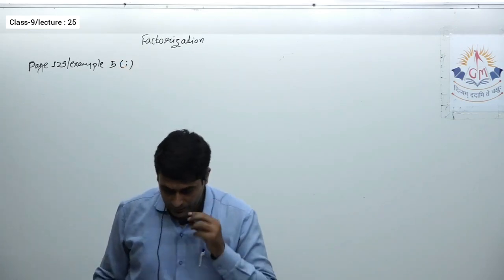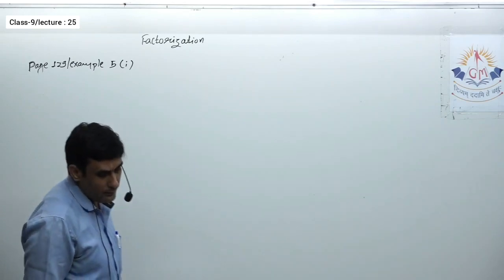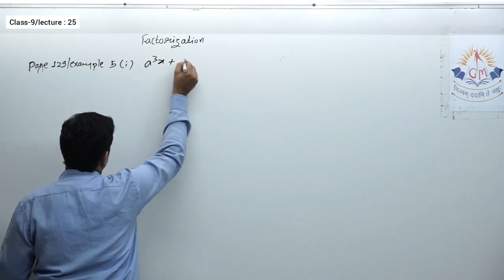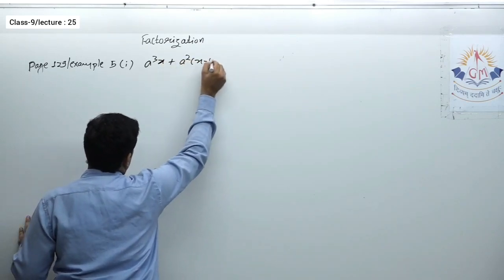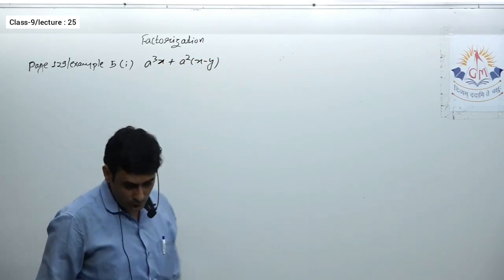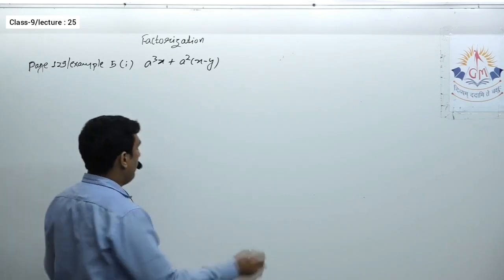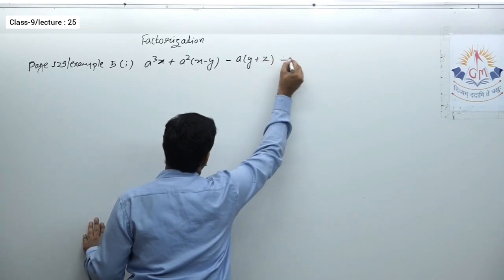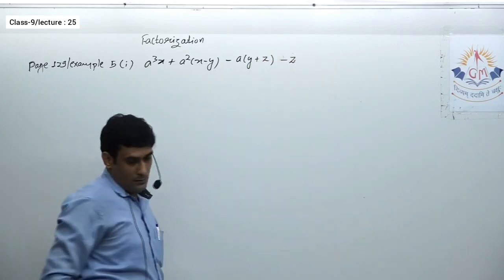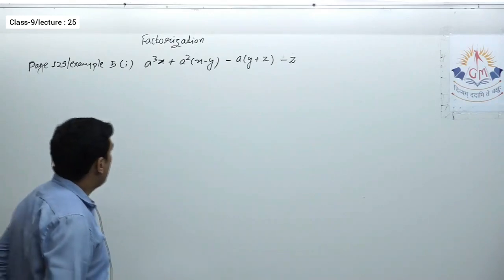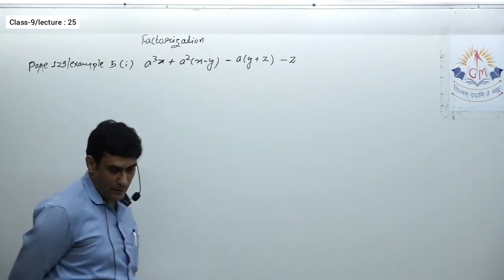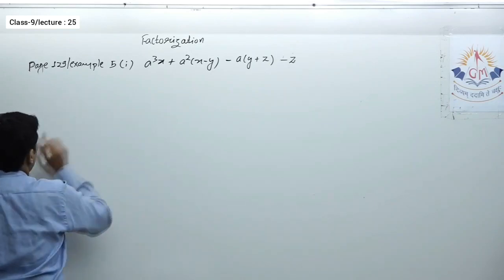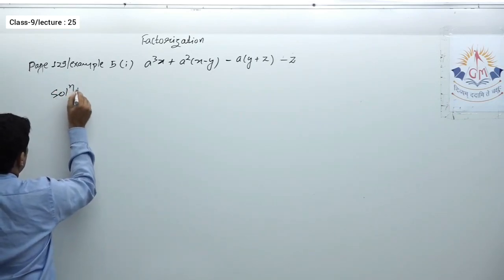So the expression is a cube x plus a square x minus y minus a y plus z minus z. So let us see how to find the factors of this expression.